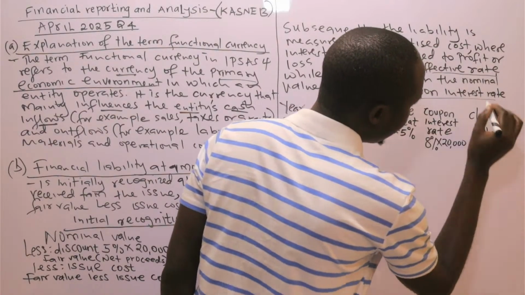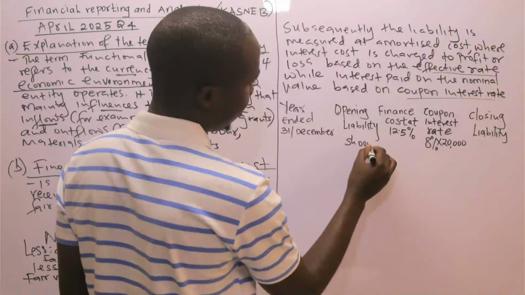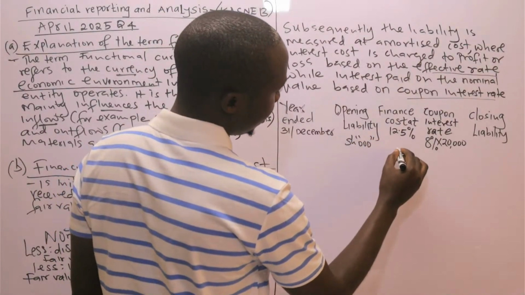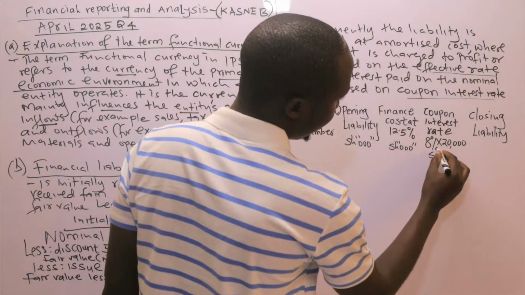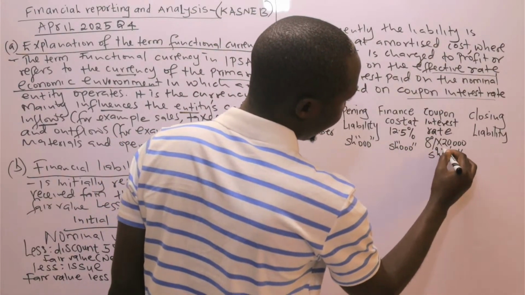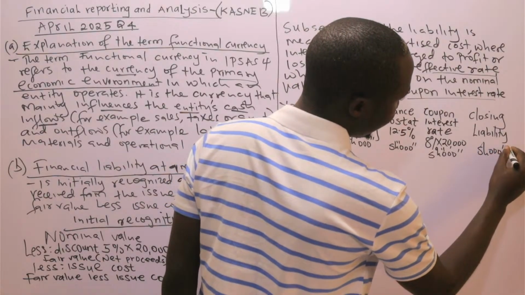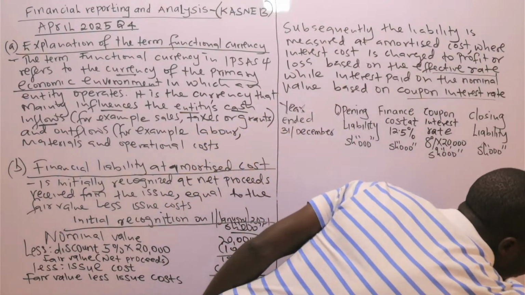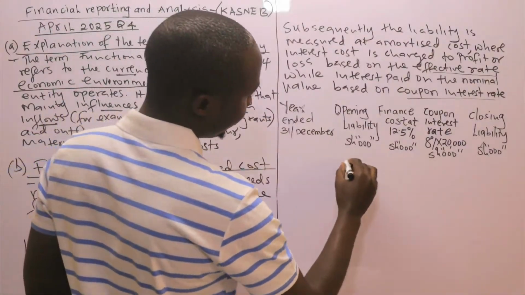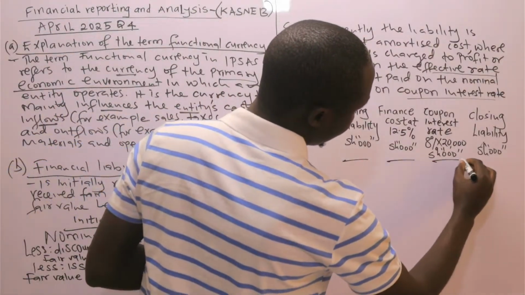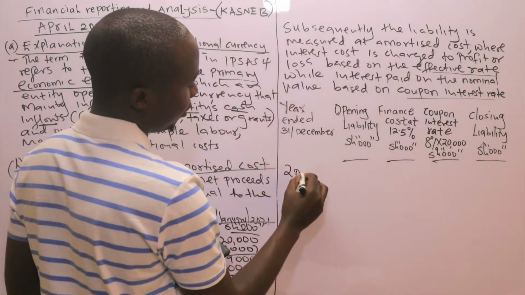Remember that this is shillings in thousands. They said we round off that way. And the final year we have shillings in thousands. So we have the first year, that is the year ended 2021.